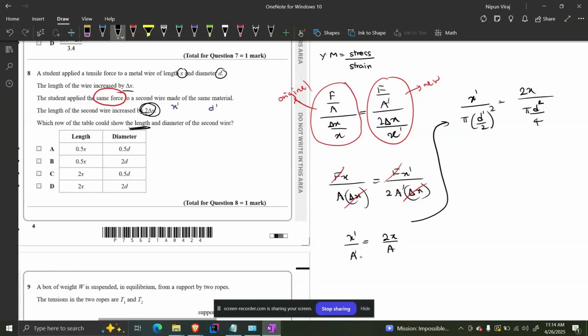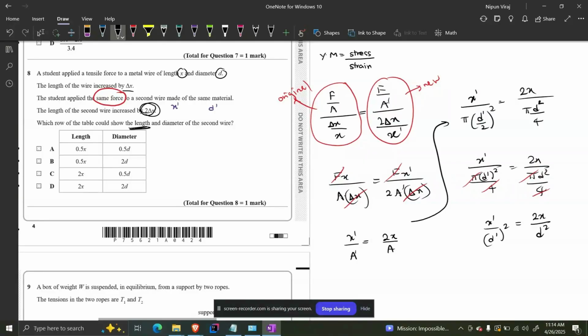So this divide by 4 part will get cancelled now. If you simplify this, we get x dash over d dash squared equals 2x over d squared.